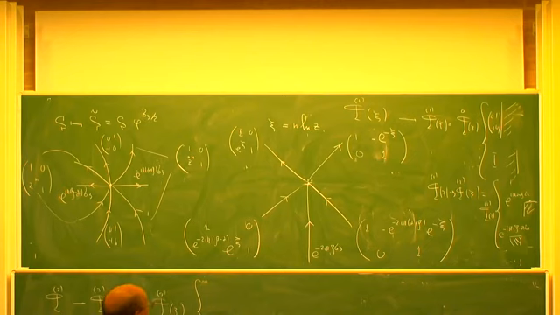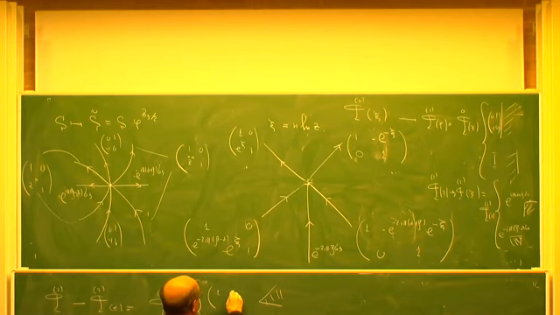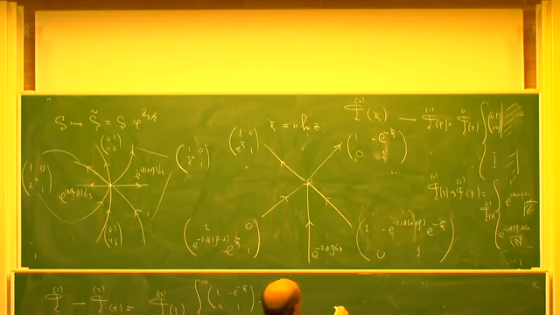I will do this. Okay, so what does it mean? It means that on this part, I have to multiply by that matrix by 1. On this part, I have to multiply by this matrix.